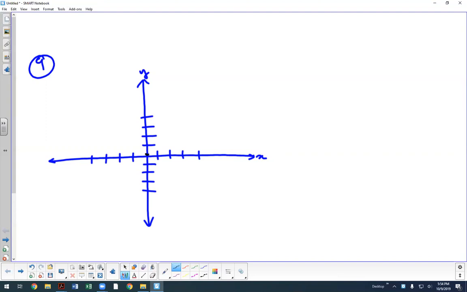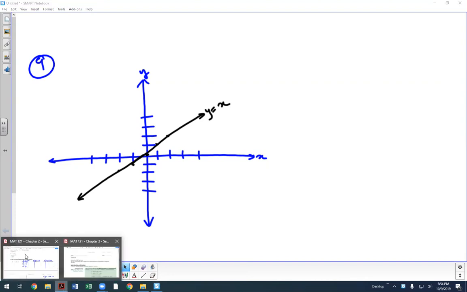So starting with our y equals x function. Then we were looking at reflection next.